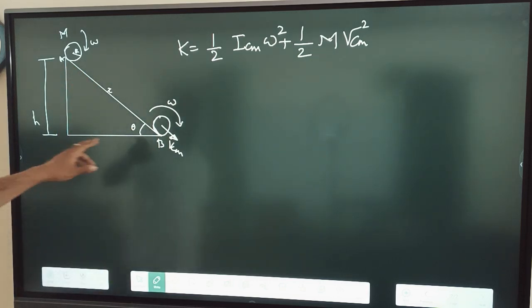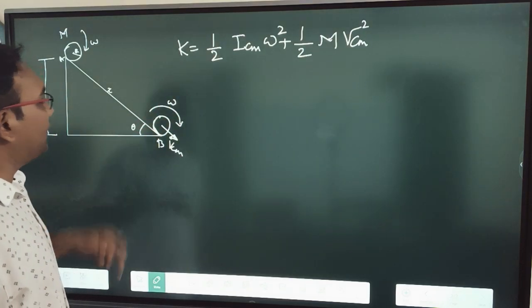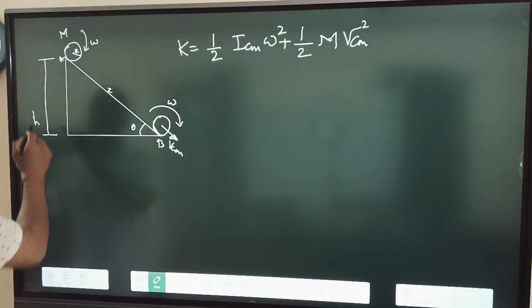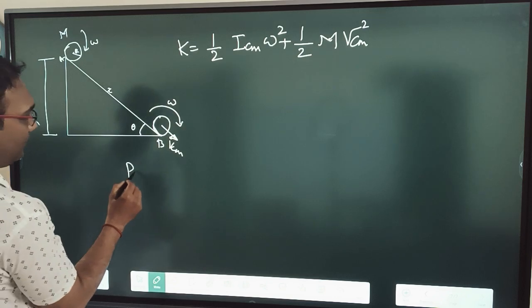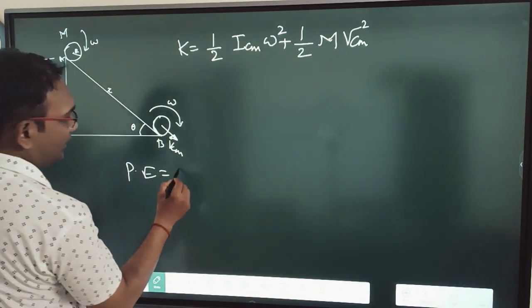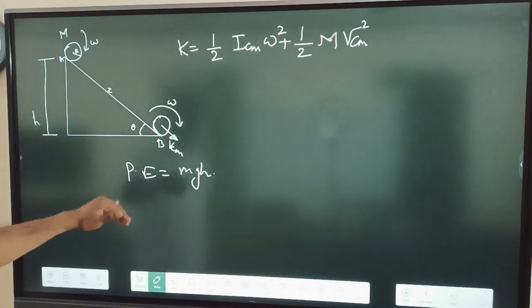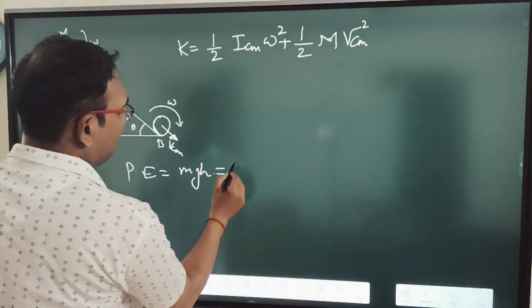Somebody can ask what is the kinetic energy when it reaches point B. Initially it has potential energy, because this height is h, and we know that potential energy is equal to mgh. This mgh gets converted into kinetic energy when it reaches this point.